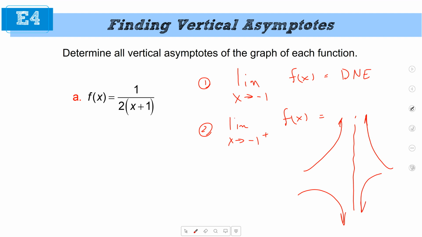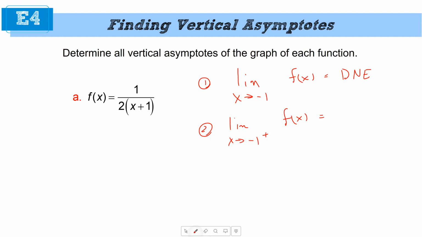Have you heard the term multiplicity before? Yes or no? Yes. What does it mean? Okay, you've heard it, you don't know what it means. Okay, multiplicity has to do with the power or the exponent on the terms that generate your vertical asymptote.